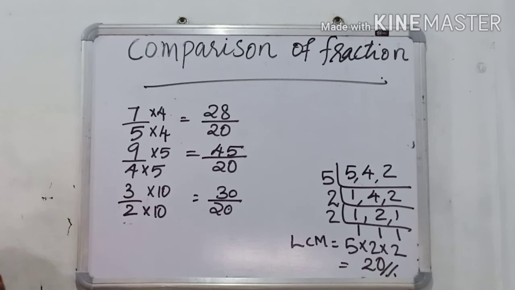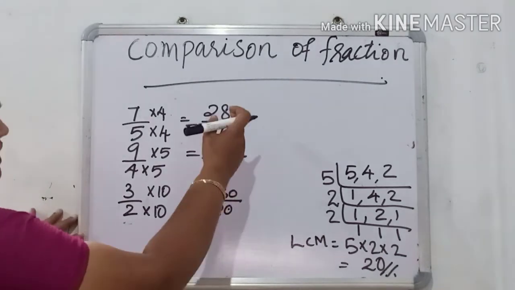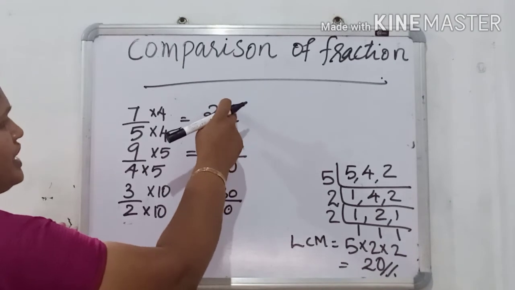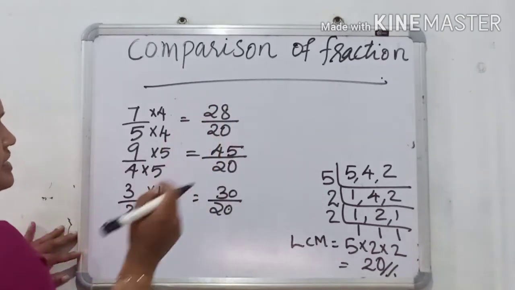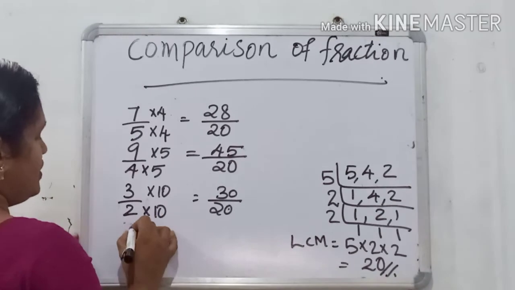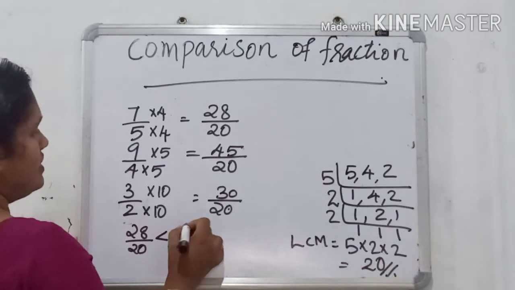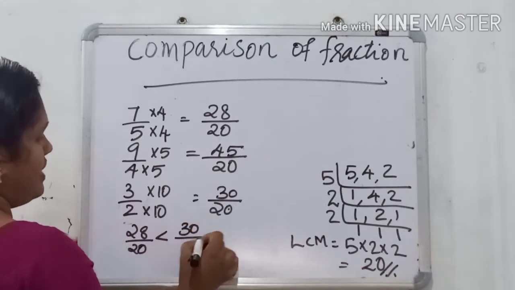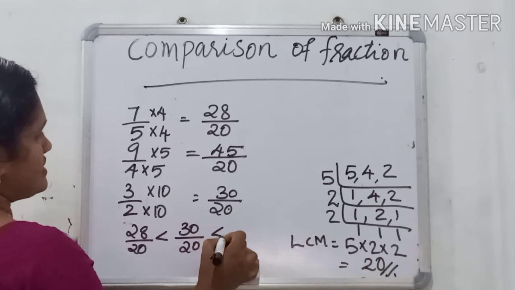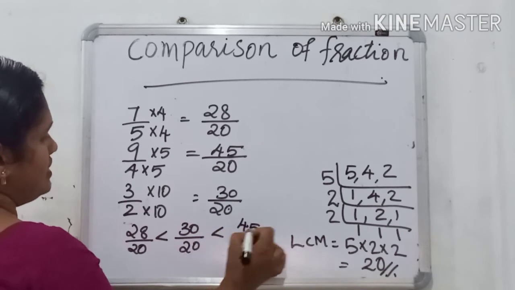Next we have to compare the fractions. Here, which is the smaller? 28 by 20 is the smaller. So 28 by 20 less than 30 by 20 less than 45 by 20.